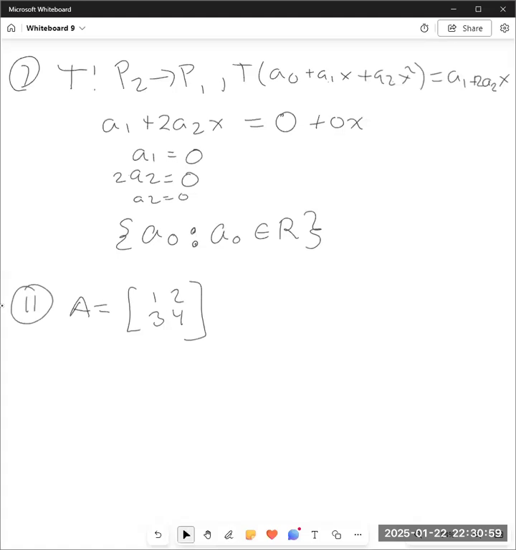So I have T of x bar is equal to A times x bar, where x bar is equal to x1, x2 here.